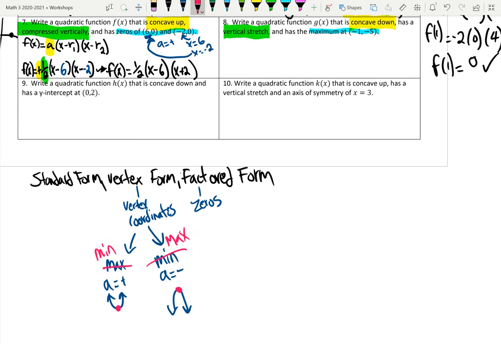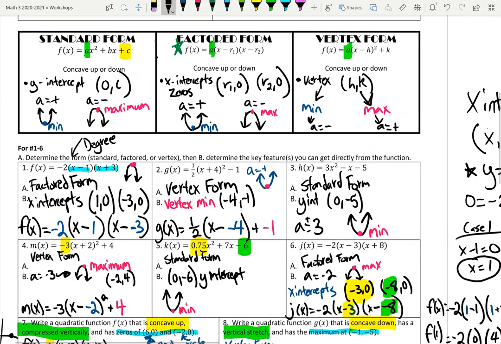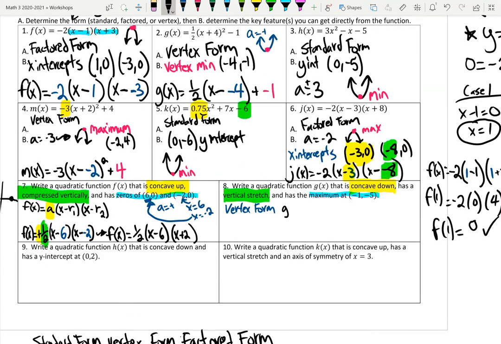Okay, so jumping back to this, I need to write it in vertex form. The reason being is that a maximum is given. So I'm going to go ahead and look at my reference guide until I get this by heart. I'm looking at vertex form, and it is g of x.